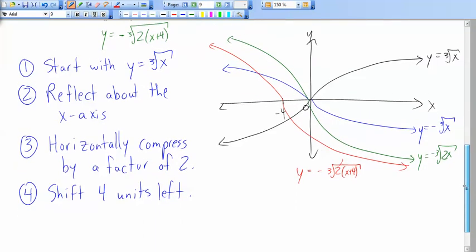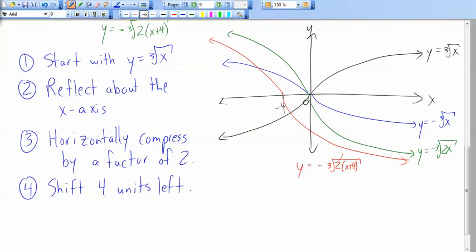And again, we can comment on all the attributes here. The domain this time is going to be all real numbers. The range will be all real numbers. The y-intercept, well, I guess we can find that pretty easily.